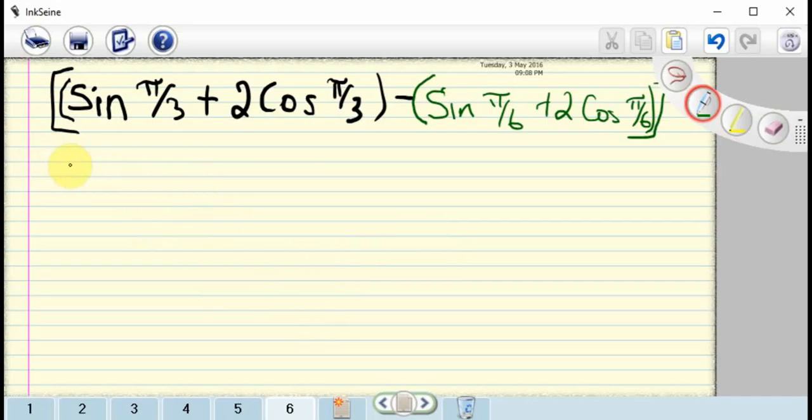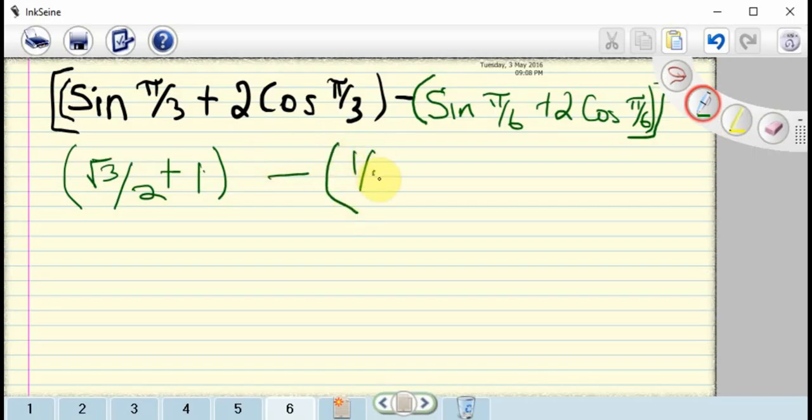Sine of pi by 3 is root 3 over 2, and 2 cos pi by 3 is 1, minus, sine of pi by 6 is a half, plus 2 times root 3 over 2.